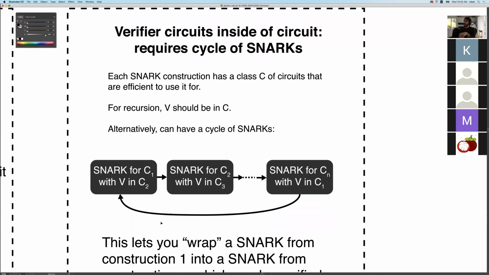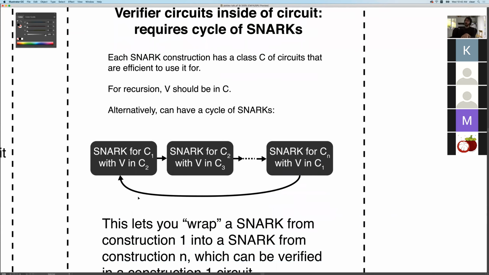And what that means is that you can wrap a SNARK obtained via the first construction into a SNARK that can be verified by the first construction, whose proof is sort of equiprovable with the original SNARK statement.